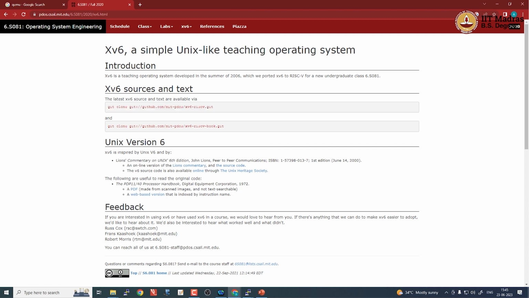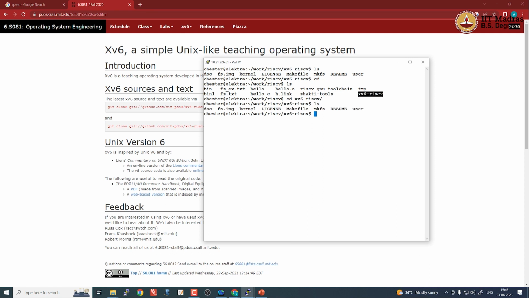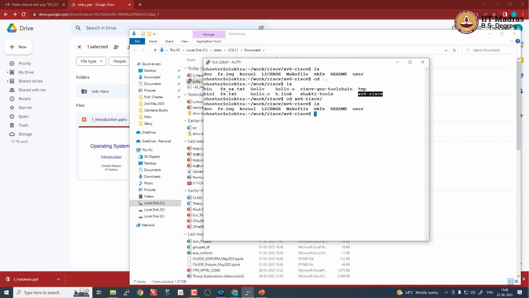I've already downloaded this code, and it's present and executes from my system. Once you download the code, you would get a directory like this, xv6 riscv. So this over here is the entire xv6 operating system.